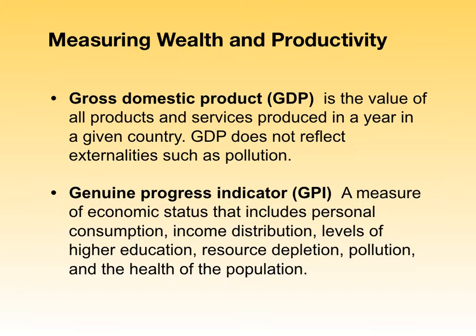So such an inclusion does not appear to be very accurate and not a reflection of wealth or well being of society. And because externalities such as pollution and land degradation are not included in GDP, the measurement of GDP does not reflect the true cost of production.